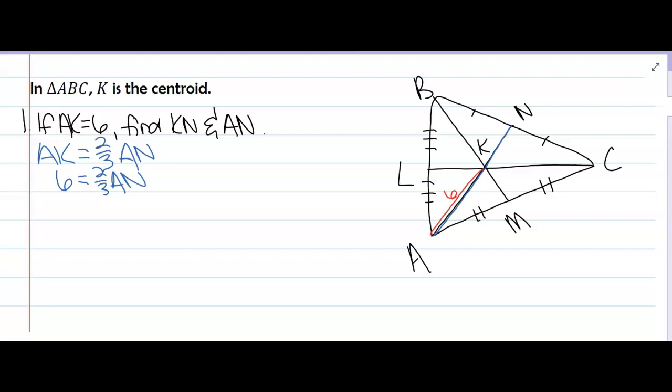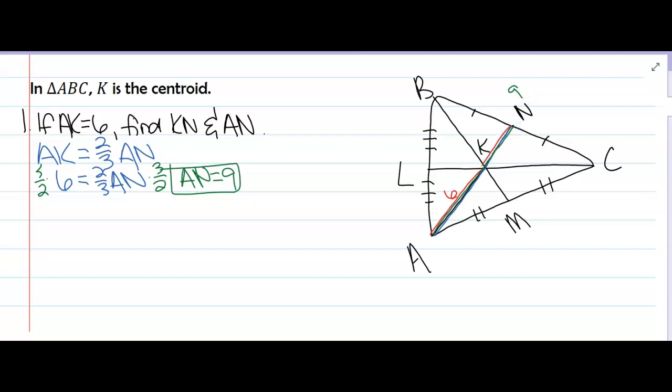So we're going to multiply by the reciprocal. So I'd multiply both sides by 3/2. And we should get AN equals 9. Okay, so I know that AN, the entire thing, is 9. So the other thing that they want me to find is KN.